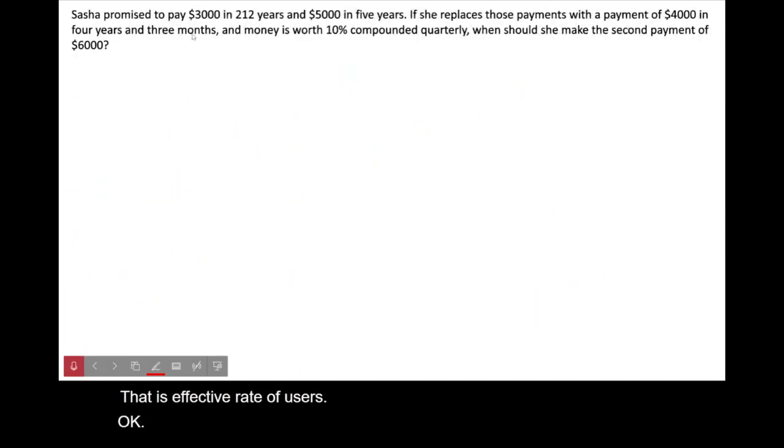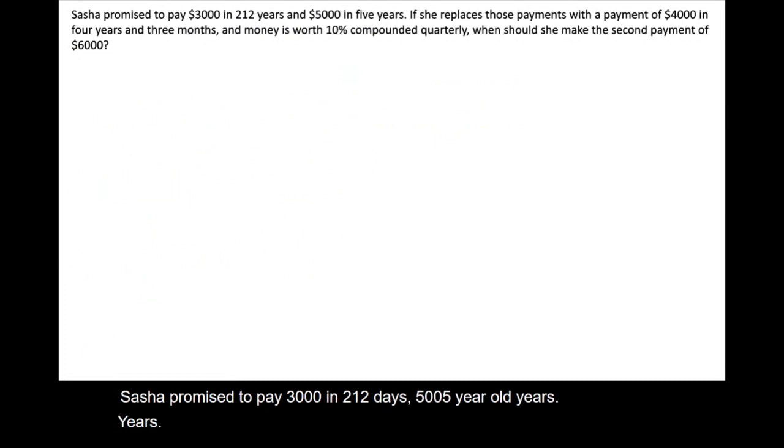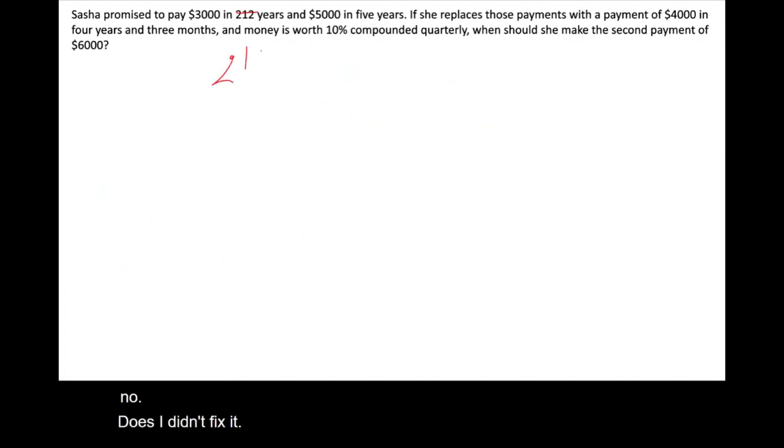Okay. Sasha promised to pay 3,000 in 2.5 years, 5,000 in 5 years.